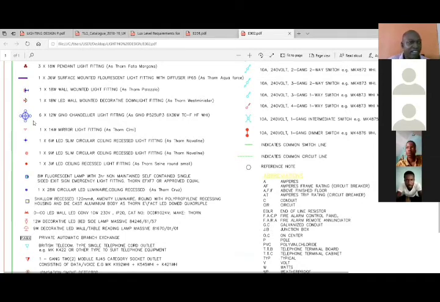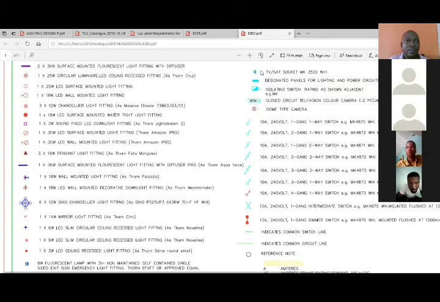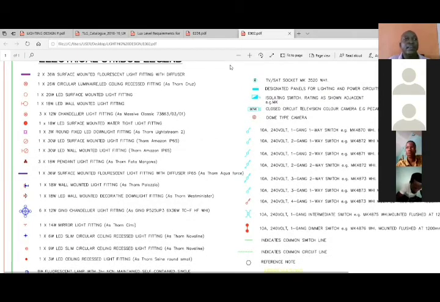Note it down. Then this particular fitting, I need us to also note that. All right. In that case, I will take us back to the former layout.